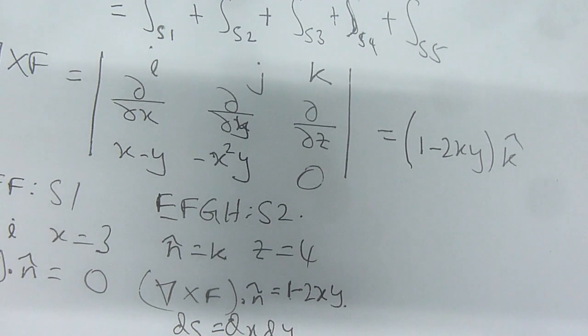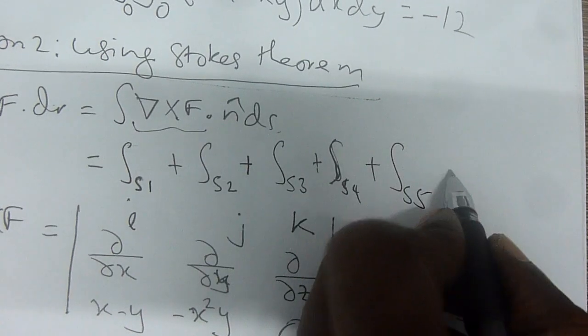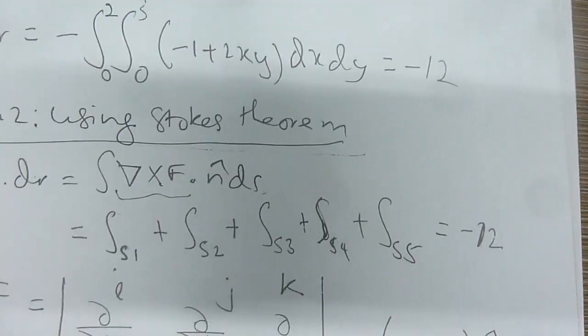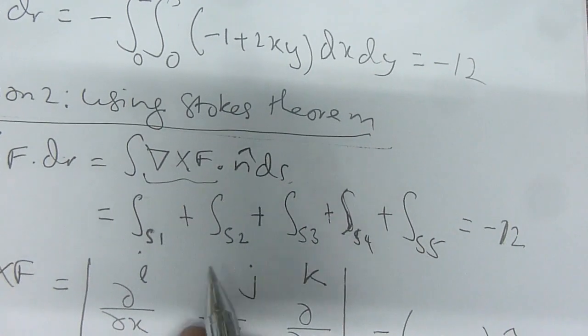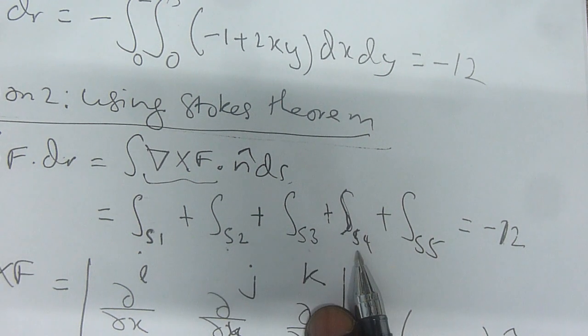Wow, S2 is negative 12. If S2 is negative 12, can I say the rest are all 0? No, please don't do that. I already told you before, because it can be negative 2, 2, and when you add up, by nature it should be negative 12. No doubt about that. Now we know S2 is negative 12, but this one can be 2, this one can be negative 2, or anything else.